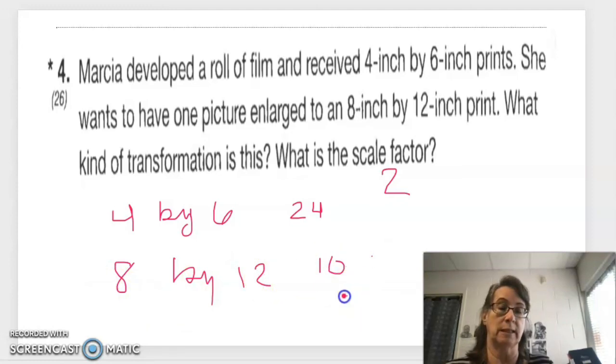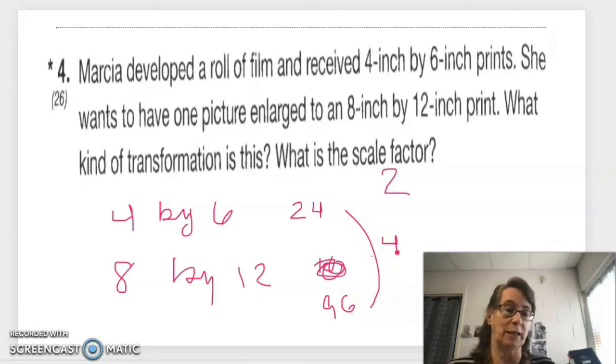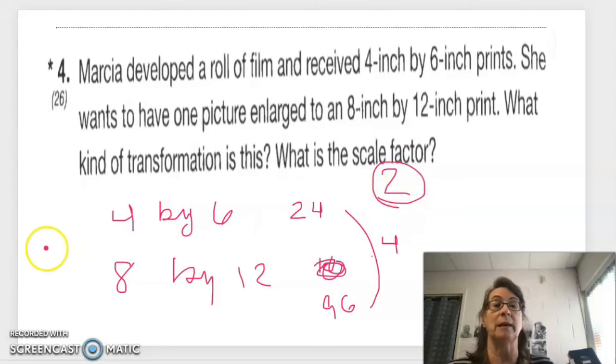Hold on. That's going to be 96. All right, so 96 is 4 times 24. So area is going to increase by 4 times, but the side lengths will be doubled.